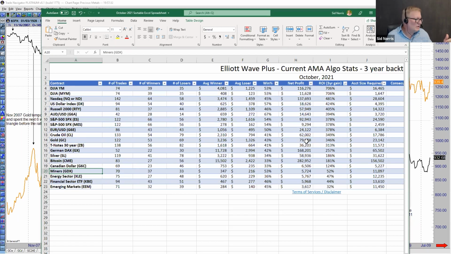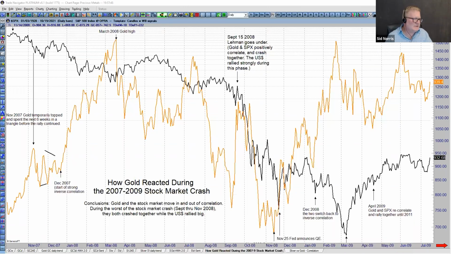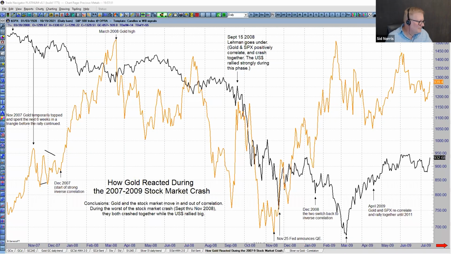I would call that successful. And silver took a $31,000 account and added almost $60,000 of additional profit over 3 years, had the current settings been in place the entire time.